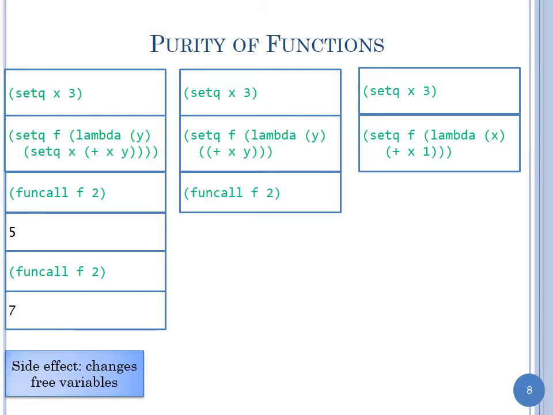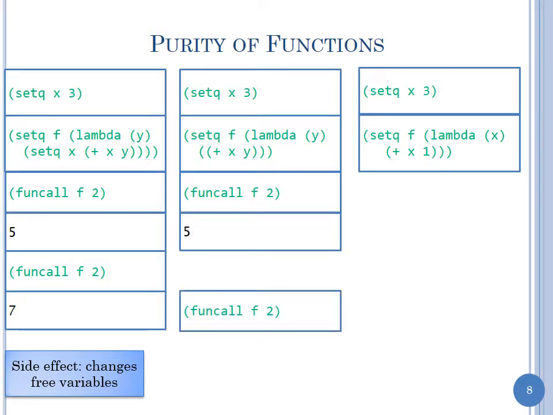Here, if I do func call F2, I get 5. If I do func call F2 again, okay, but I put a little space between this func call and that func call, so I can get 4.